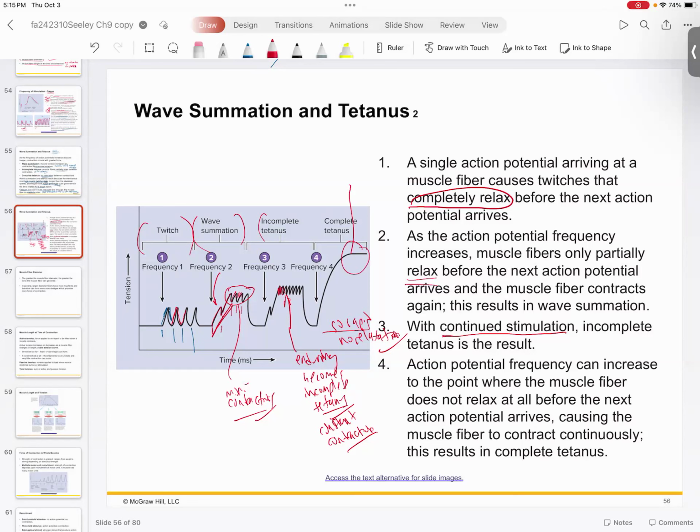It's like just completely frozen, totally contracted, kind of like frozen muscles, so to speak. That's for lack of a better way to describe it. They're completely seized up at this point. That's what's happening with complete tetanus. They'll have continuous contraction without relaxation. That's the definition of tetanus.